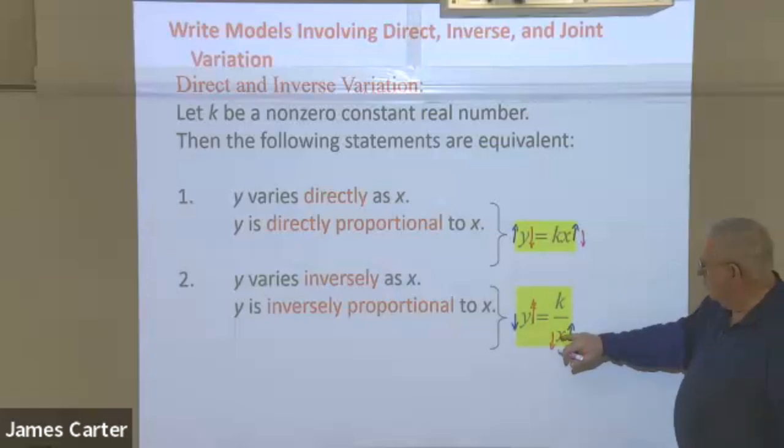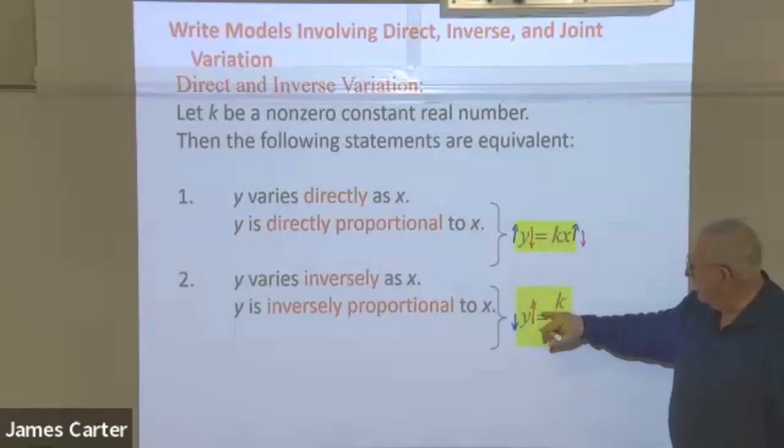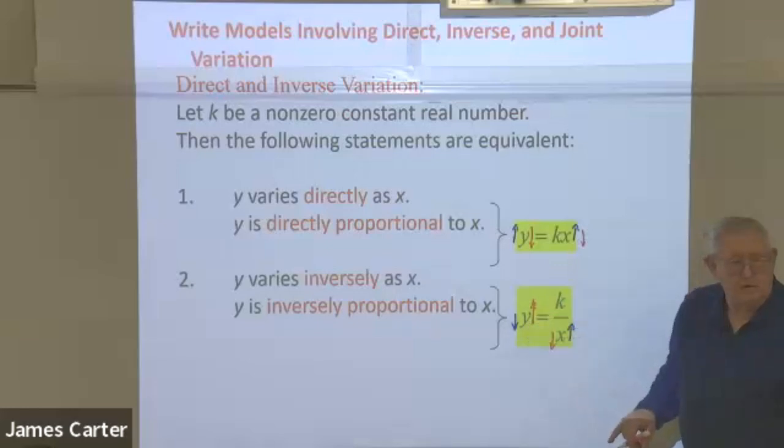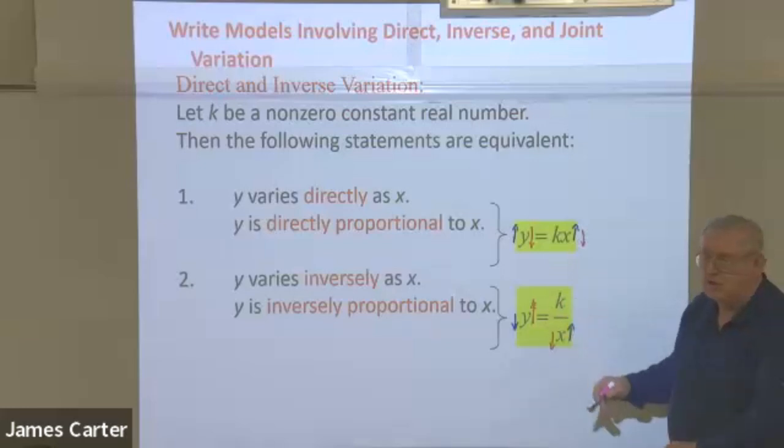If we increase X to 20, then our answer divided into 40 would be 2. So if this gets bigger, that gets smaller. Likewise, if we decrease X from 10 to 5, then instead of 4, we would get 8 when we divided 5 into 40. So that's how this one works.